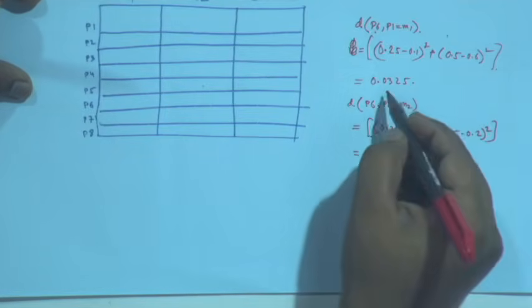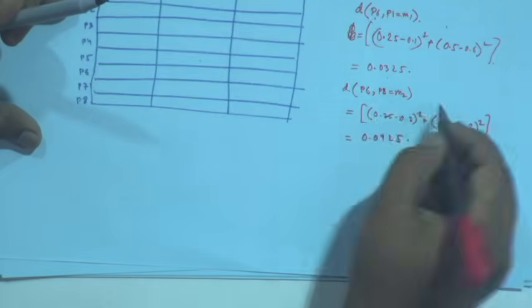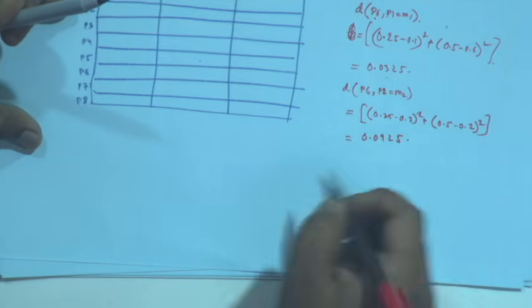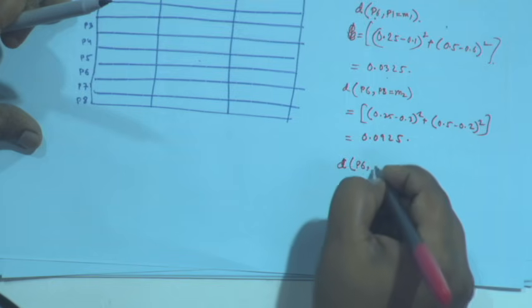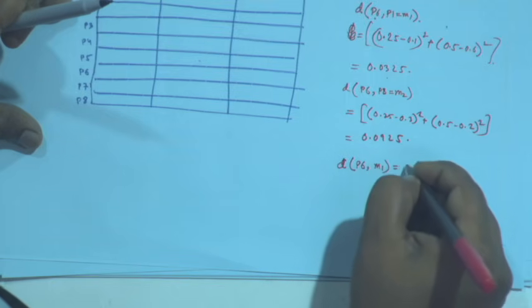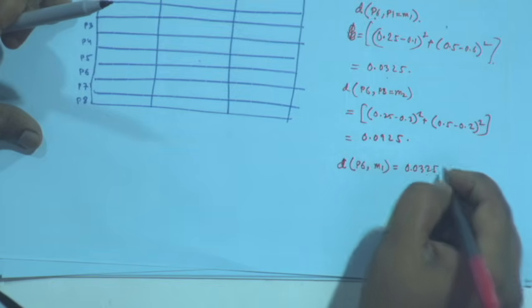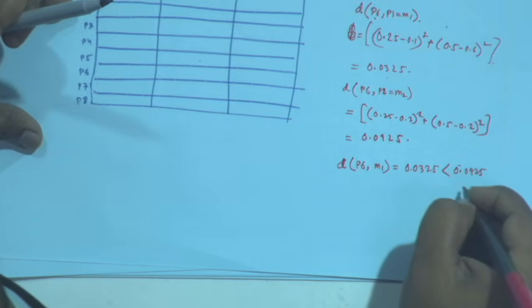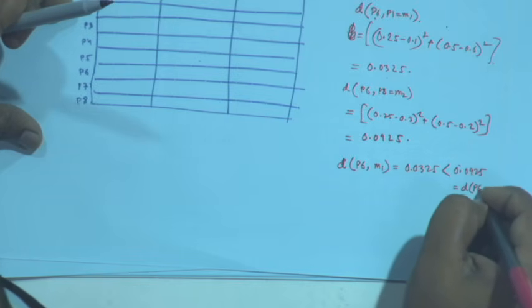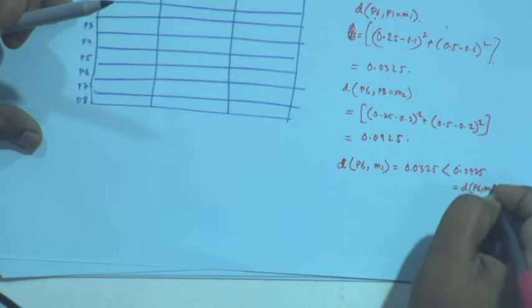Okay, and similarly, you can calculate these two, and so we see that the distance from P6 to M1 is lesser than the distance from P6 to M2. So the distance from P6 to M1, which is equal to 0.0325, is lesser than 0.0925, which is equal to the distance from P6 to M2.